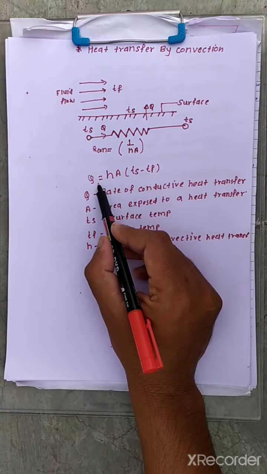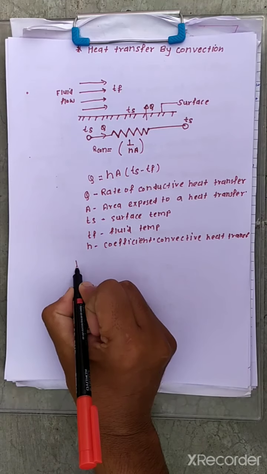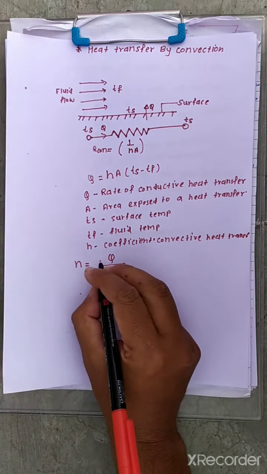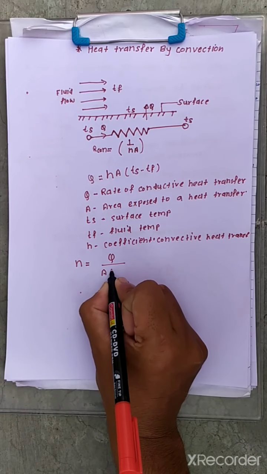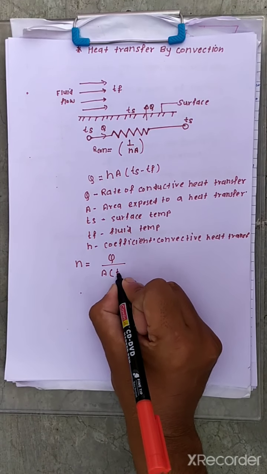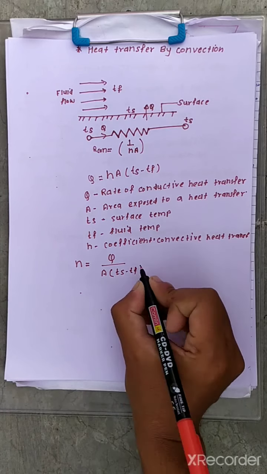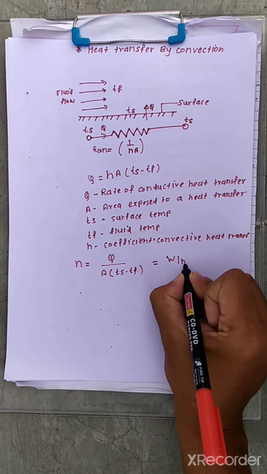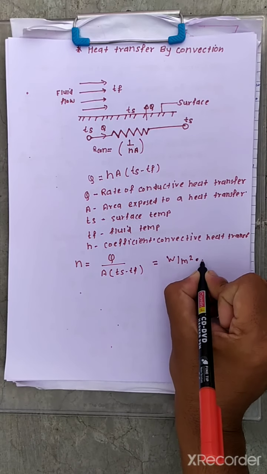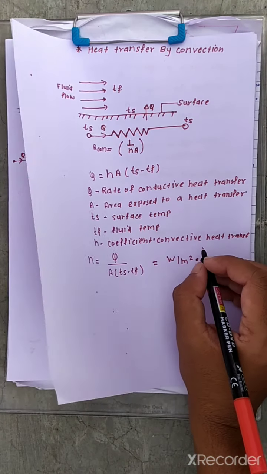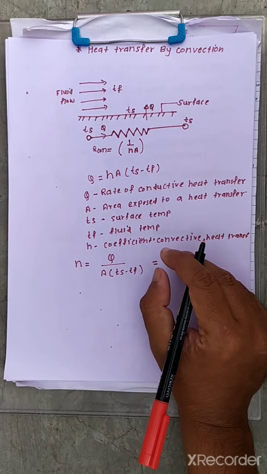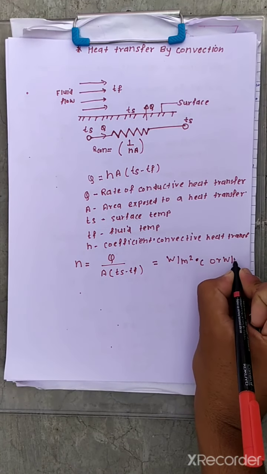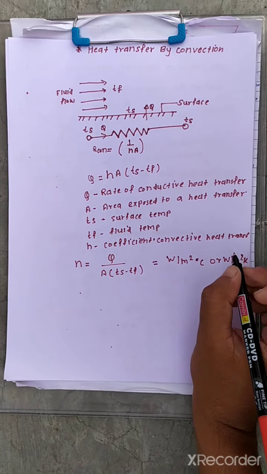So again, rewriting this equation, h is equal to Q upon A (Ts minus Tf). The unit of h is watt per meter square degree Celsius, or watt per meter square Kelvin.